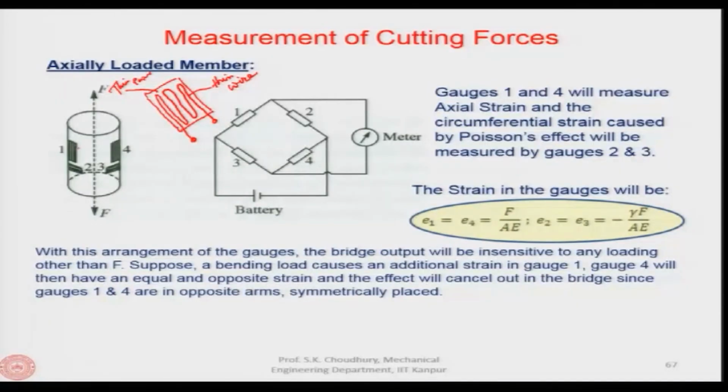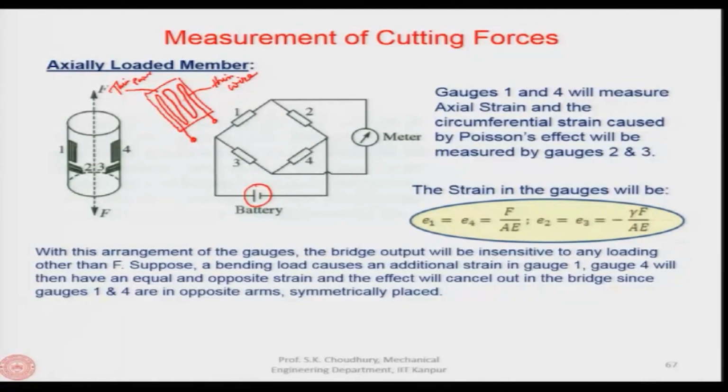When this is deformed, along with that these wires will be deformed, and when a particular voltage is passed through this, according to Ohm's law the voltage will change because this wire has been deformed. This is the principle used in strain gauges.